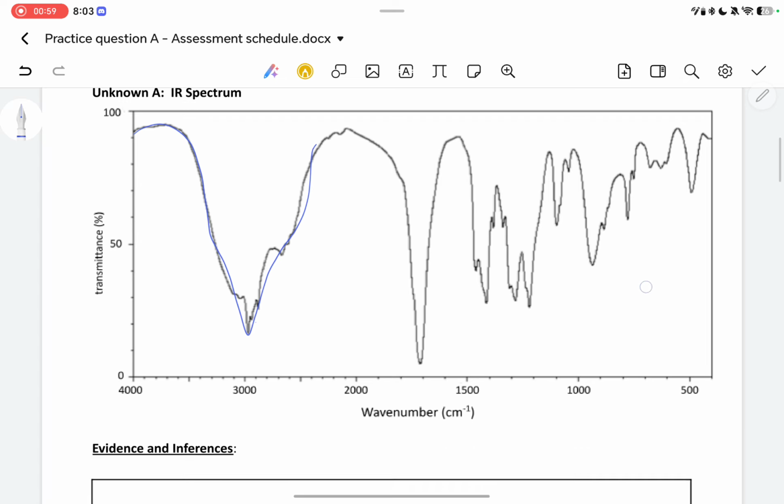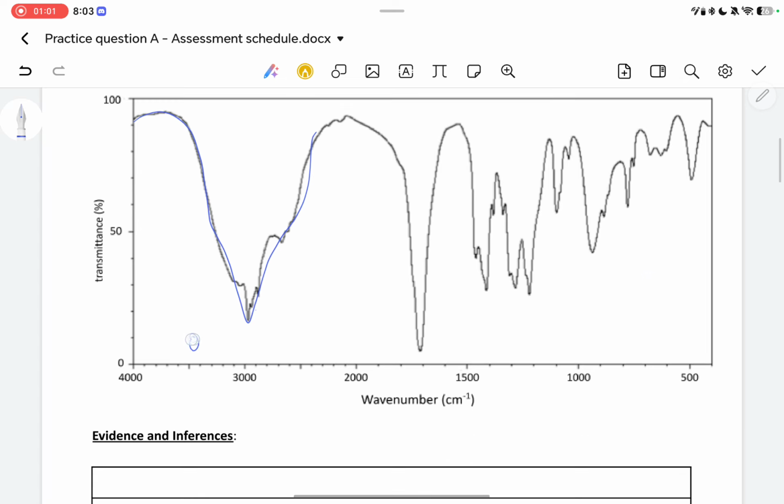So that indicates OH or NH, but it indicates an OH because it also overlaps the CH peak over here at around 3000. So that indicates an OH for carboxylic acids because it overlaps the CH and it's very broad. So this indicates a carboxylic acid.